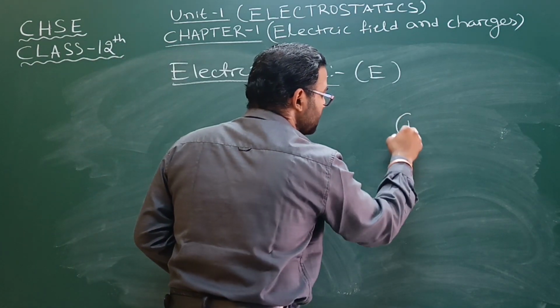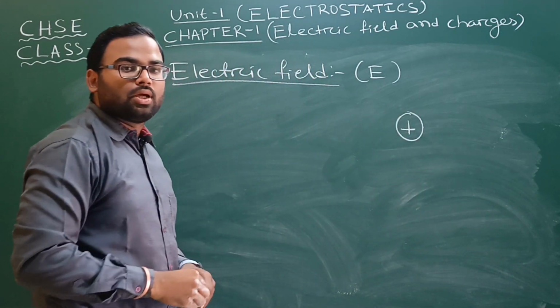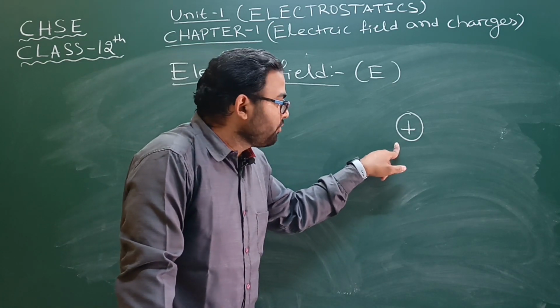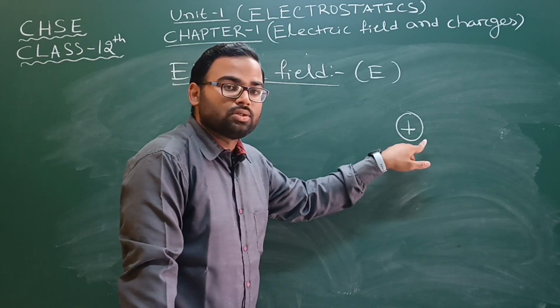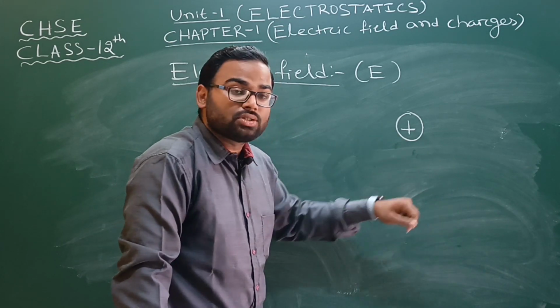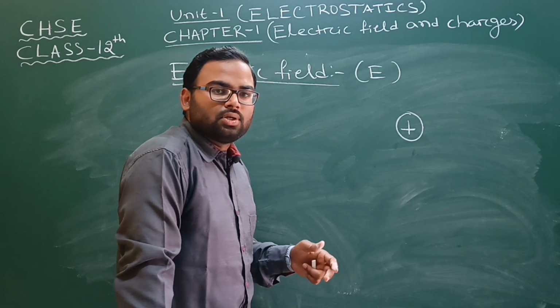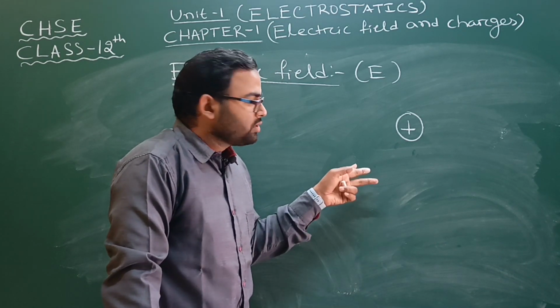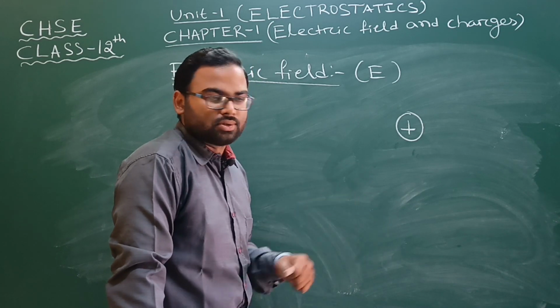If there is a charge, then it will have some force. If we bring another charge to this region, the second charge will experience some force, the force of attraction or force of repulsion. So we will check the force of repulsion.